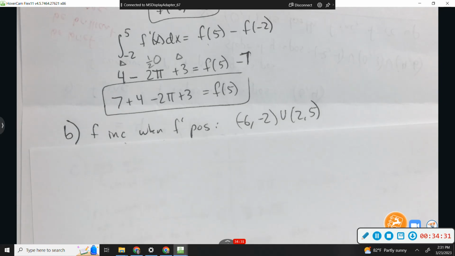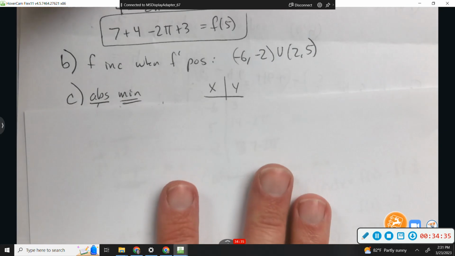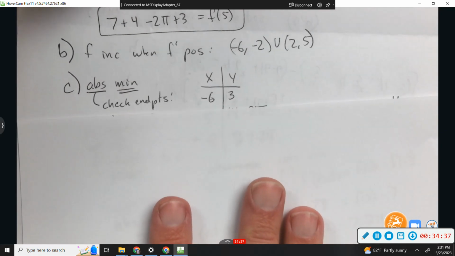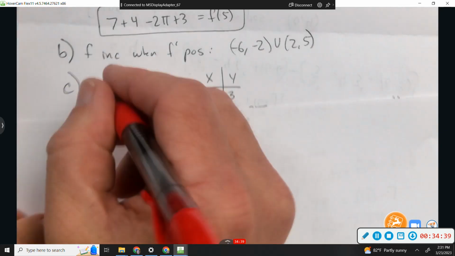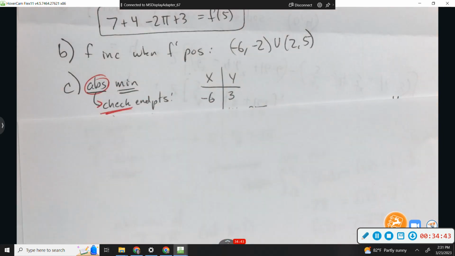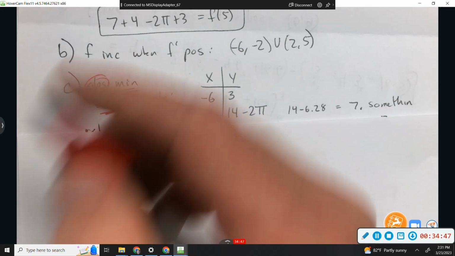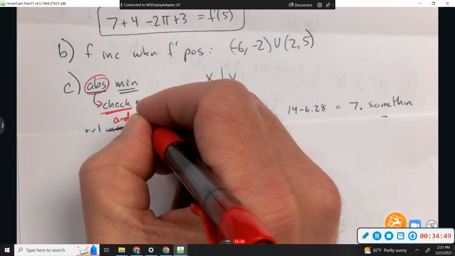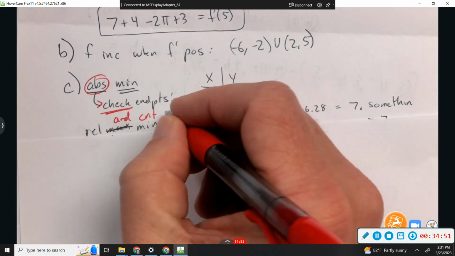Part C is a little bit harder because when it says absolute minimum, when I see the word absolute, my brain is saying, whoops, make sure we check the endpoints. And we'll be looking at the critical numbers. Although I don't need all the critical numbers, I just need the relative minimums.